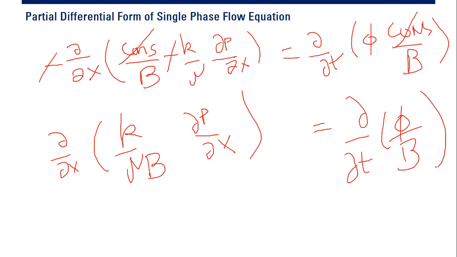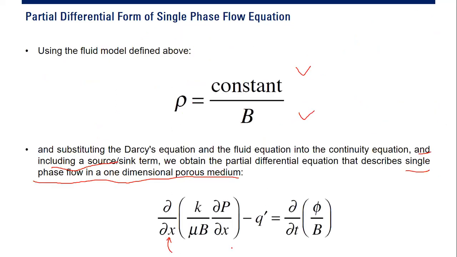That's very simple, but now we insert the source or sink. So I put minus Q here, because that's the source or sink term. So this is our single phase, one-dimensional flow equation.